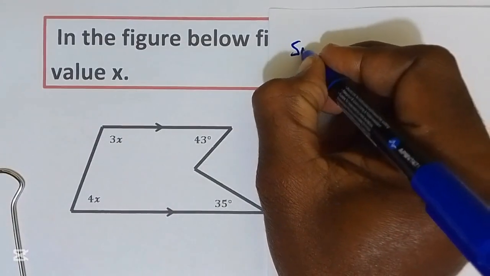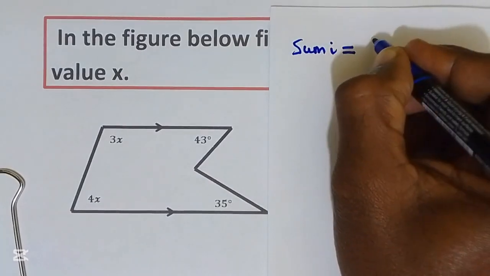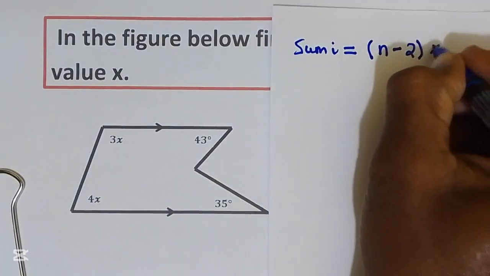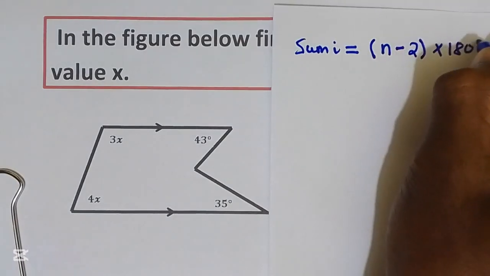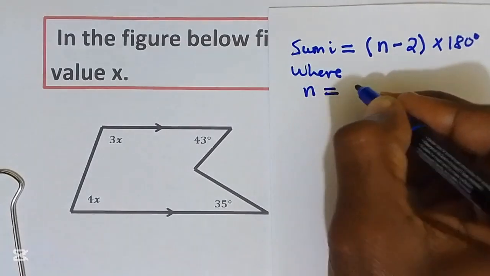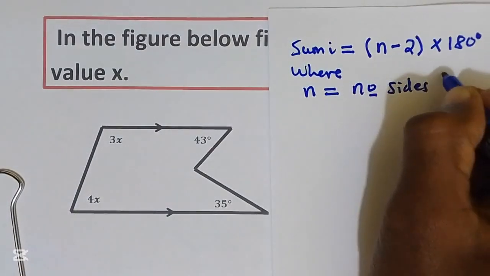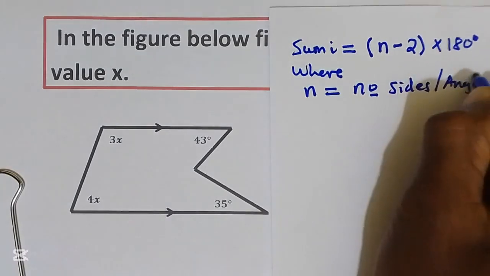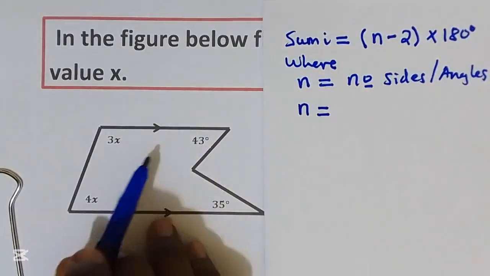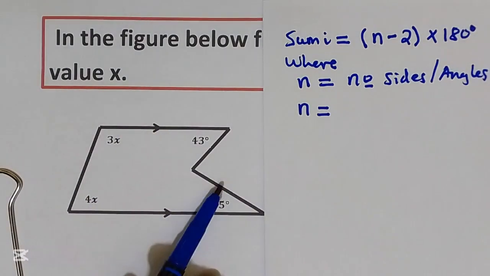The sum of interior angles of any polygon is given by (n minus 2) multiplied by 180 degrees, where n is equal to the number of sides or angles. Let's find the number of sides: 1, 2, 3, 4, 5.